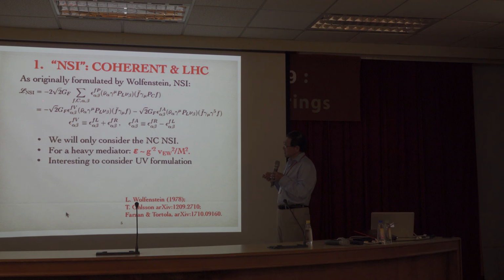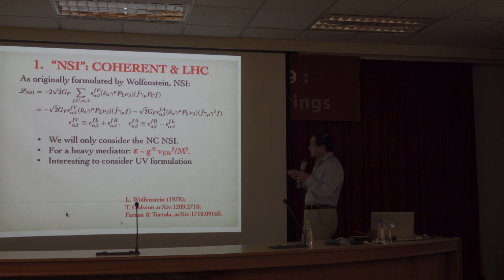So this is the standard parameterization called non-standard interactions. The quark sector can be arbitrary with different flavors, and the neutrino sector could have off-diagonal terms, and the parameters will be this epsilon with different flavor indices, and also the possible coupling to different generations of quarks.